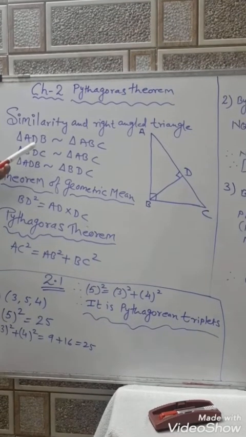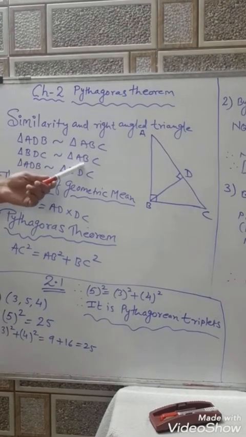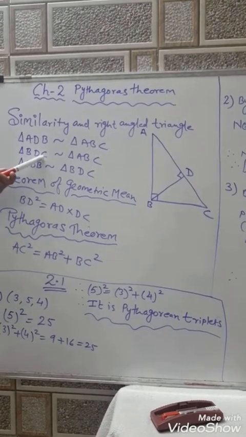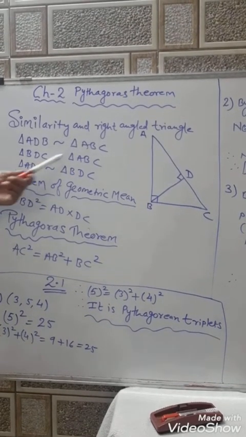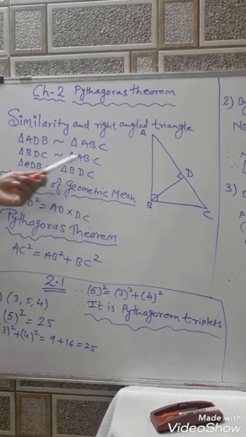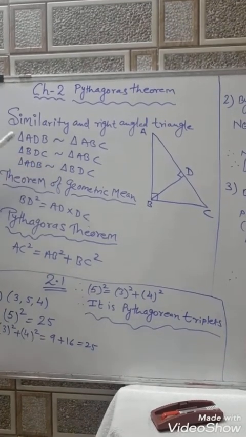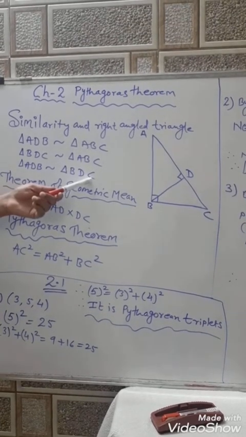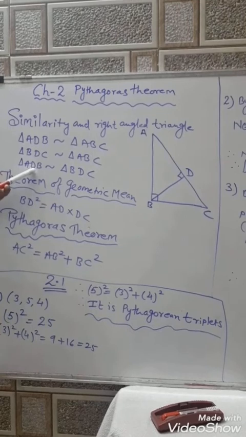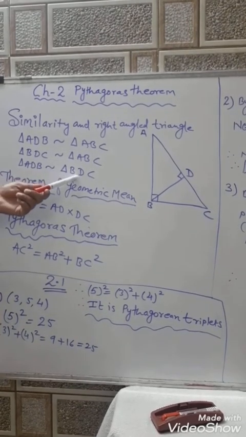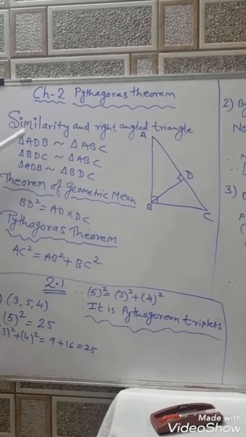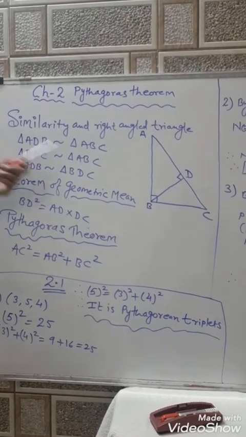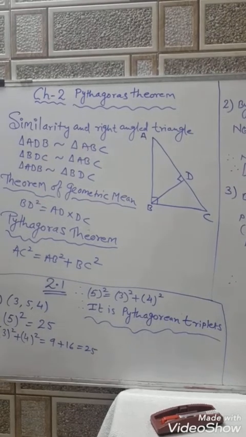Same way in BDC and ABC, angle C is a common angle and B and D are each 90. Again the same AA test. Now ADB and BDC. Here D equals D, and B and C correspond, so we can say they are similar.